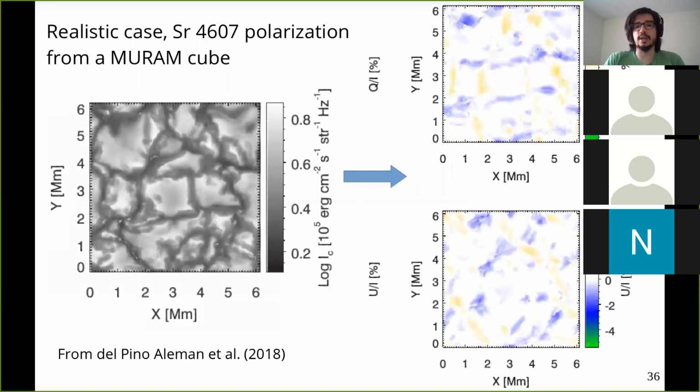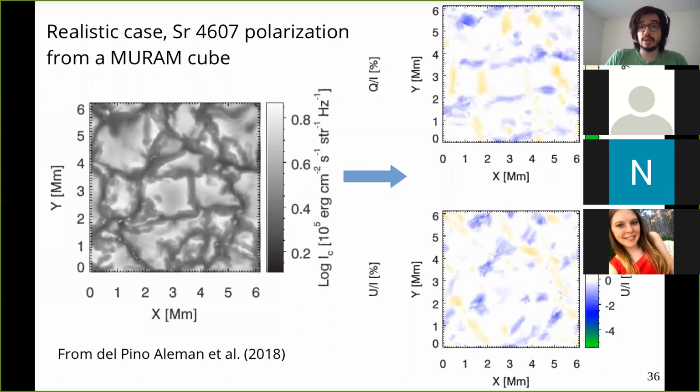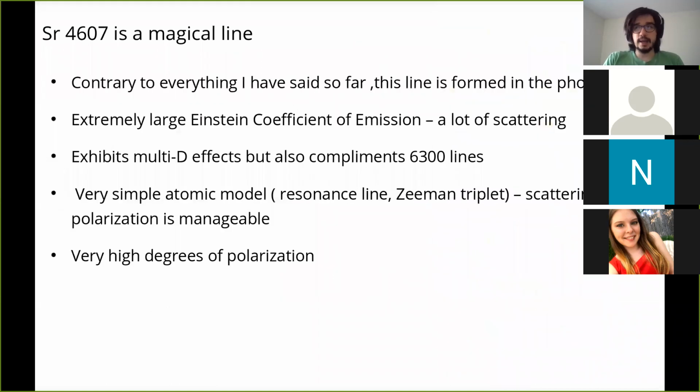Okay, so what you see here in this paper by Tanausu, Del Pino Aleman and collaborators is something like 1 percent or 2% even. Probably this is degraded significantly when you take into account instrumental effects, but still, this is something that we hope to see with DKIST, and this is going to be a discovery, right?